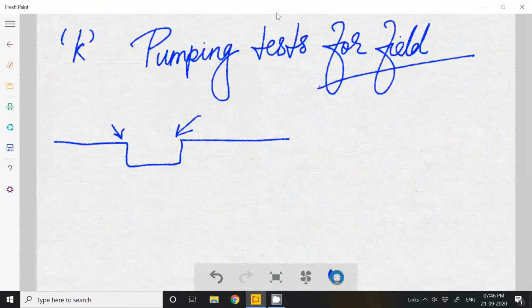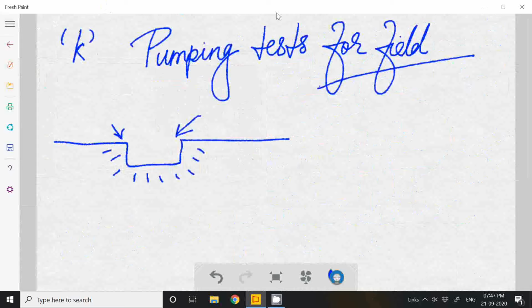If you are doing this excavation for passage of water, like drains and all, you need to be aware of how much water will enter the soil, or how much water will seep through the soil. That depends on the permeability.